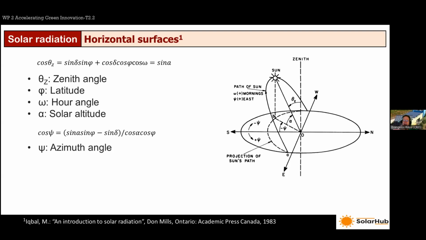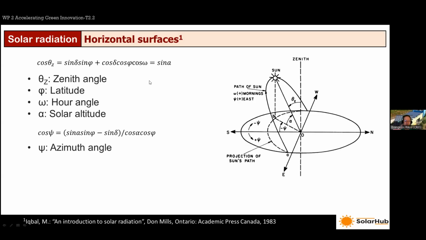Another important aspect for a location, when we conduct a study and want, for example, to install a photovoltaic system on a specific location, on a horizontal surface for that matter, which is the simpler, let's say, or the first step in the problem calculation, is to have a mathematical representation of the exact location of the sun in the sky every time.